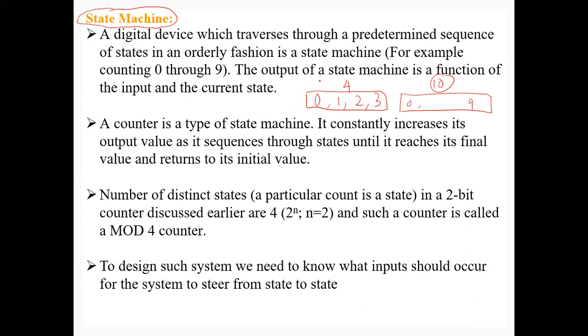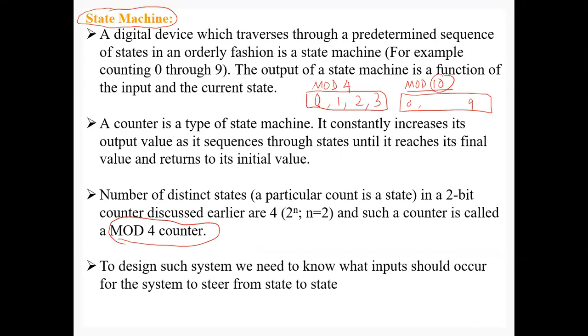We call it a mod 4 counter or a mod 10 counter. A state machine is a digital device which traverses through a predetermined sequence of states.